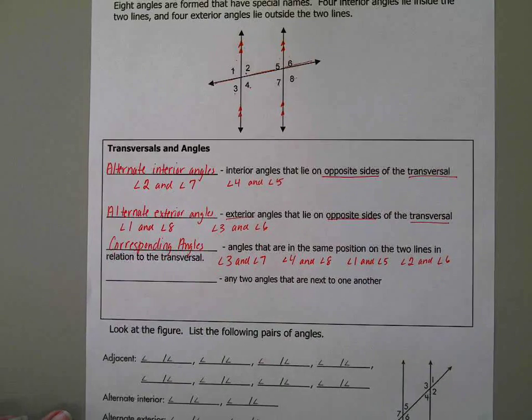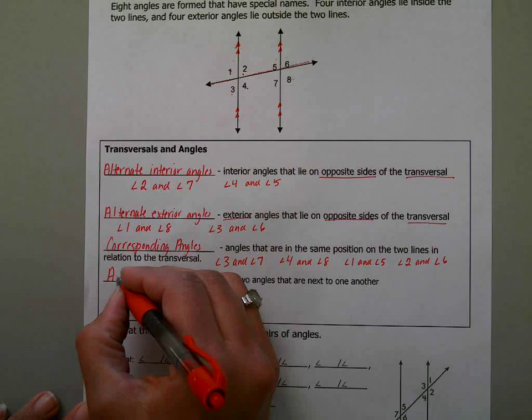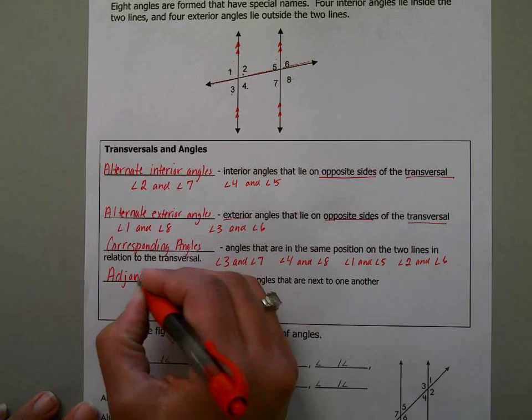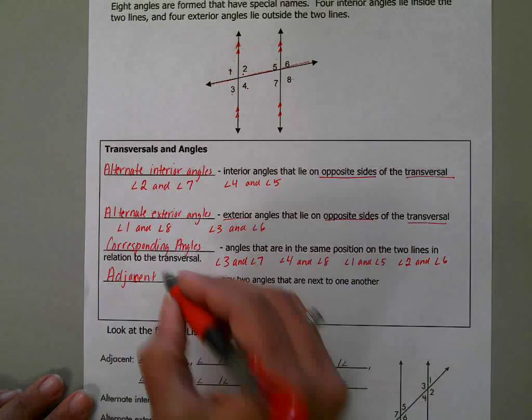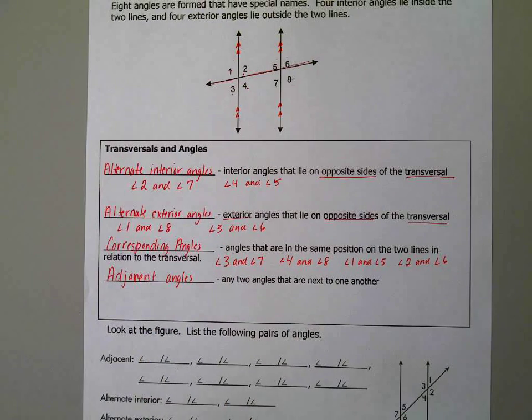Okay, and our last type of angle relationship is adjacent. Adjacent angles are just any two angles that are next to one another. And we looked at that when we looked at supplementary angles and complementary angles.